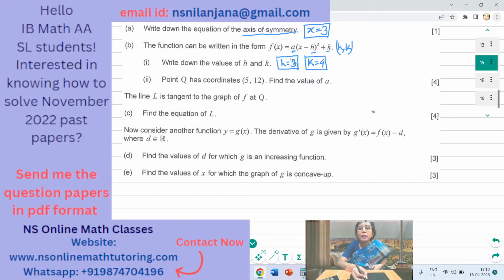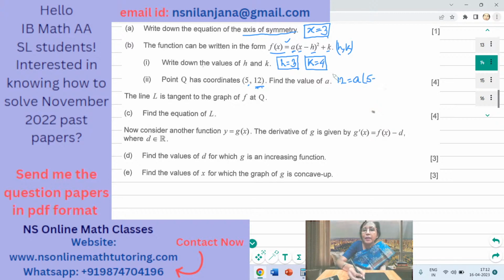Since the point Q is on this function graph, this point will satisfy this equation. The y value is 12, and y is f(x). So we can write 12 is equal to a, which we do not know and have to find, and x is 5.